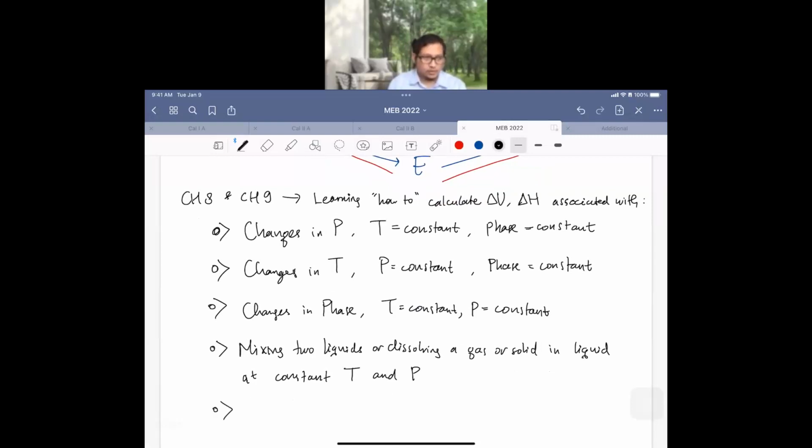And the fifth one will be chemical reaction at constant temperature and pressure. This will be chapter 9, and the rest will be chapter 8.